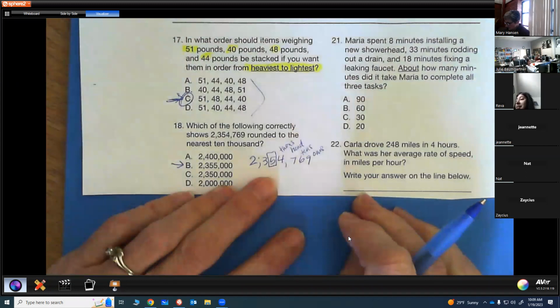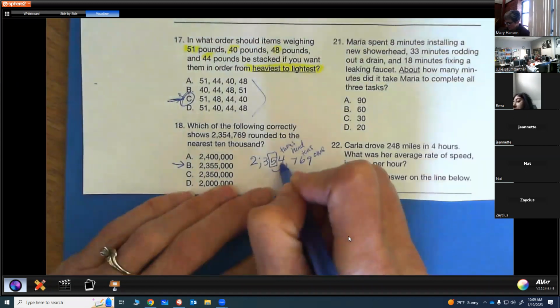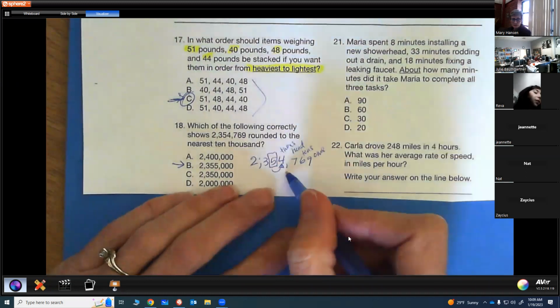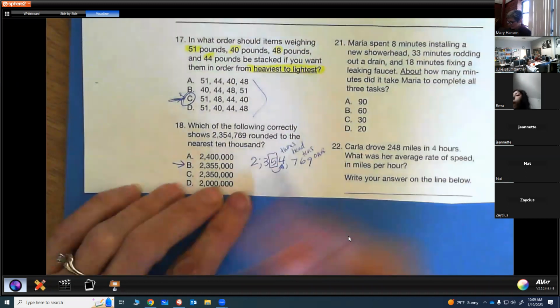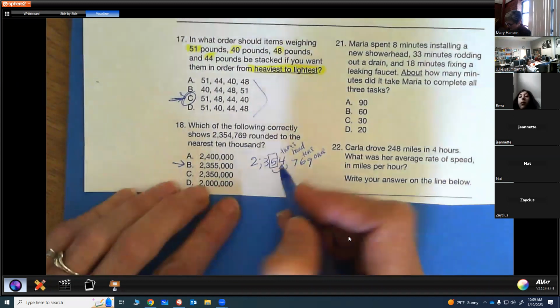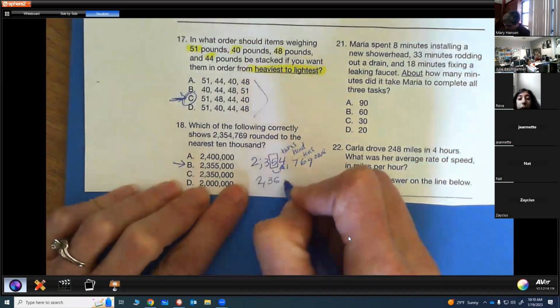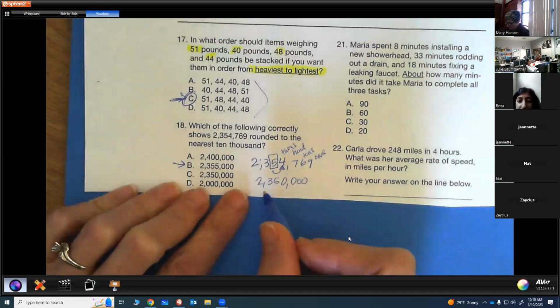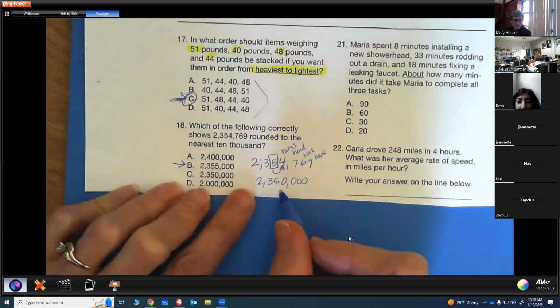When we round, we look next door to the number at the right, and we see that it's a 4, which means we round down, or we keep this 5. And so we would have 2,350,000.